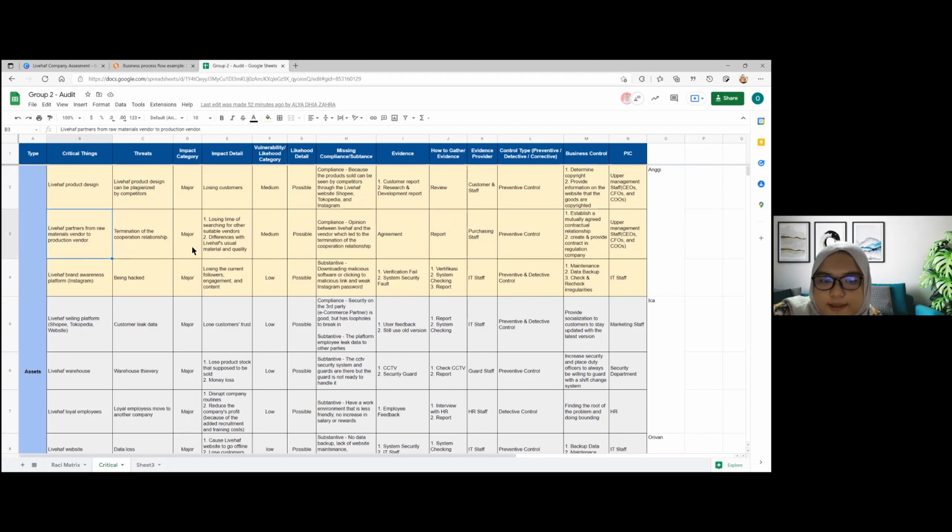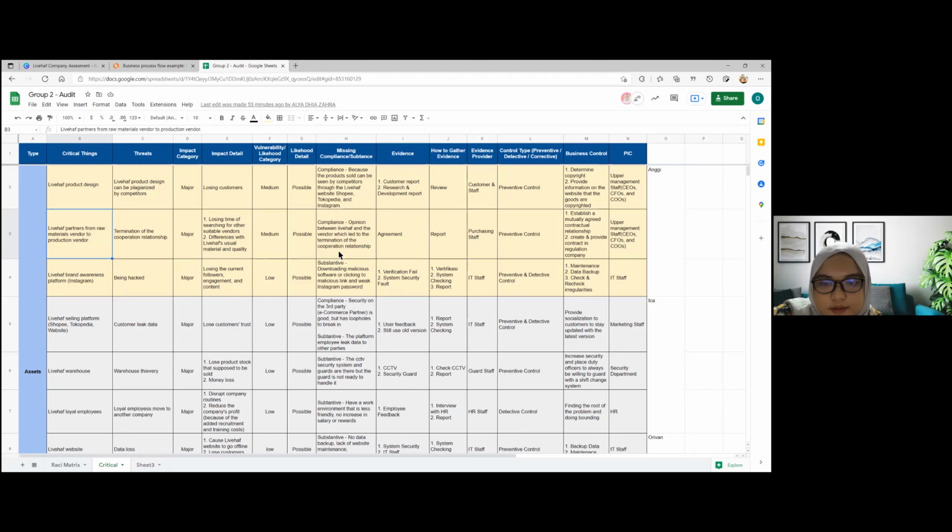The impact details will be losing time searching for other suitable vendors, and differences from Livehaf's usual materials and quality. Vulnerability will be medium. Likelihood details is possible. And this case is missing compliance because of differing opinions between Livehaf and the vendor, which lead to termination of the cooperation relationship.